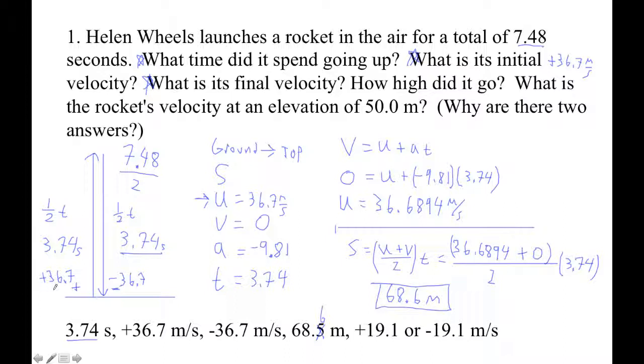Initial velocity is positive 36.7. Notice we split the time in half to solve other things, but for the full time, the final velocity is negative 36.7. That's the sense in which that question is being asked. How high did it go? Well, we used ground to the top. It went 68.6 meters.